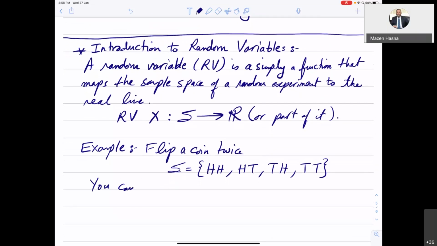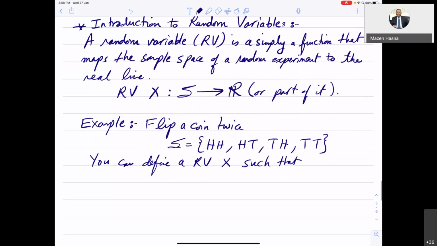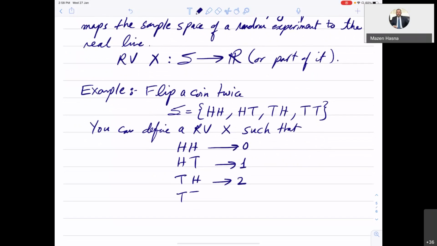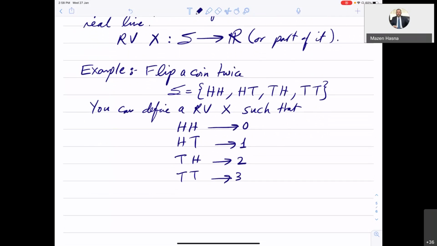We like numbers, right? So we can define a random variable X such that I will map, for example, head-head to 0, head-tail to 1, tail-head to 2, and tail-tail to 3, so that it's easier to deal with.